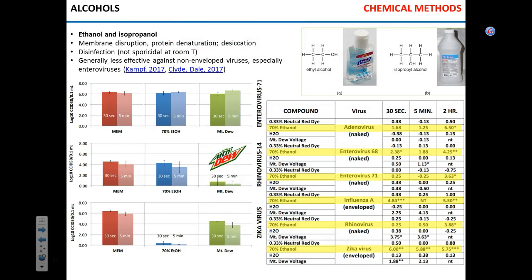Now, alcohols. We use two. We use ethanol and isopropanol. Many years ago, in some cases, methanol was used. Do you know why methanol is not used in any human-related applications anymore? What do people do with alcohol? Drink it. Okay? Methanol is extremely toxic. 50 milliliters of methanol can kill you.